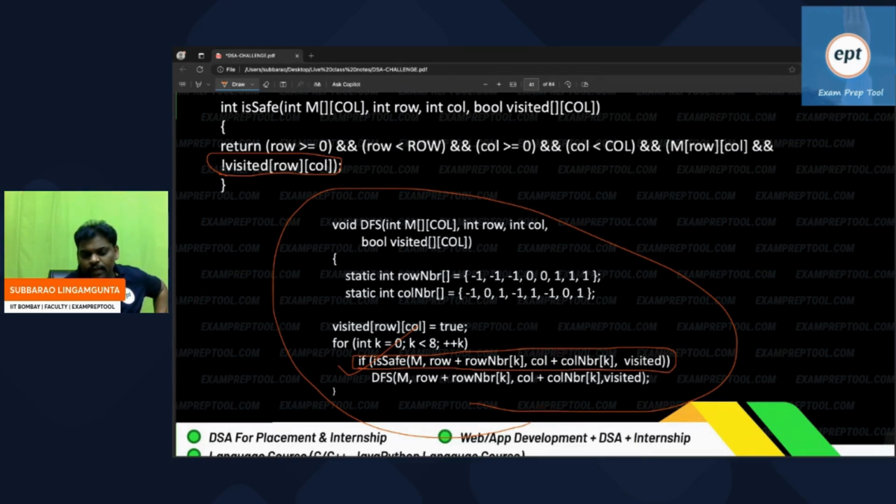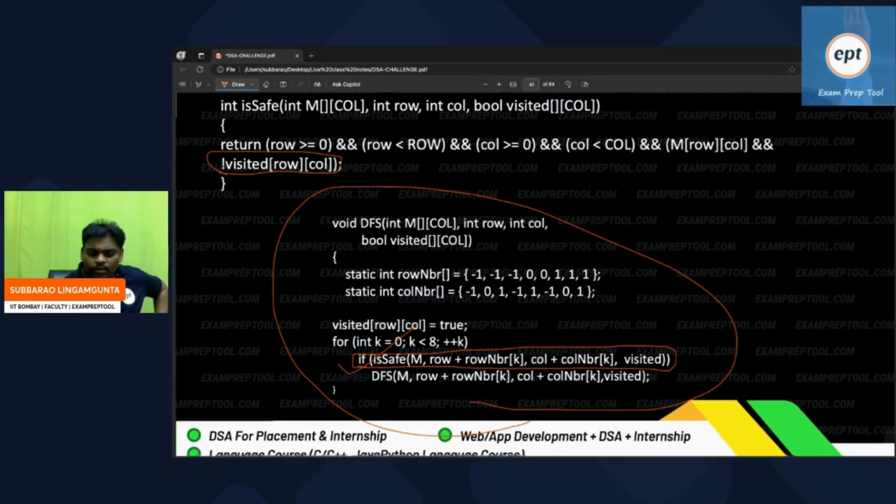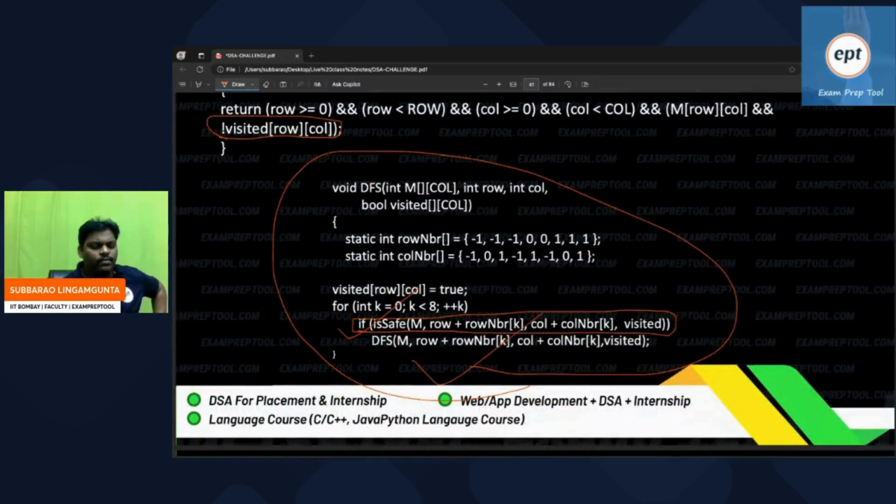If it is adjacent and one, then I will call the DFS algorithm for that.